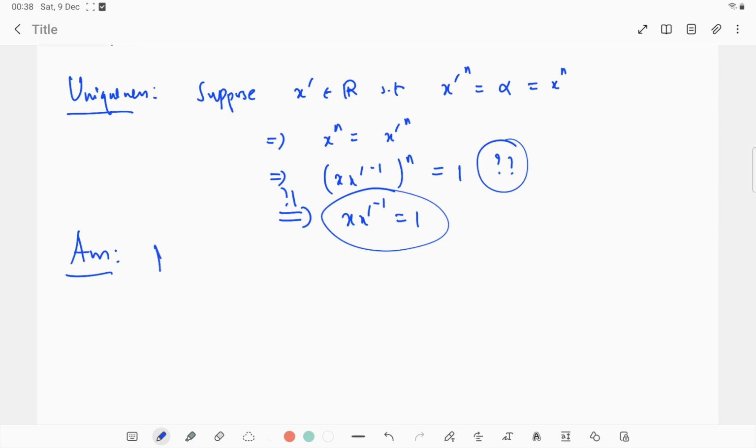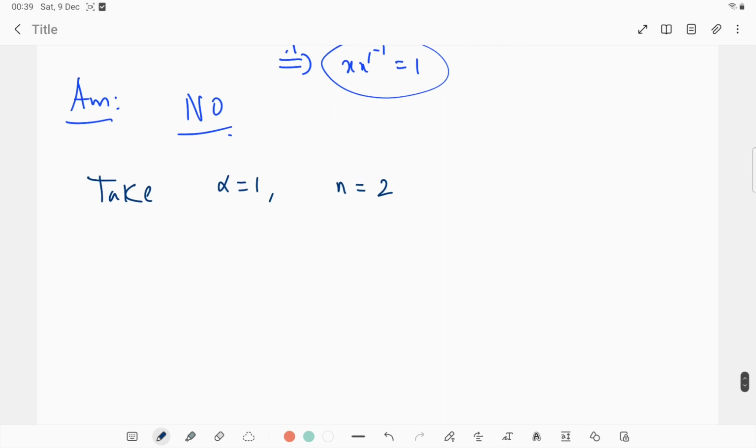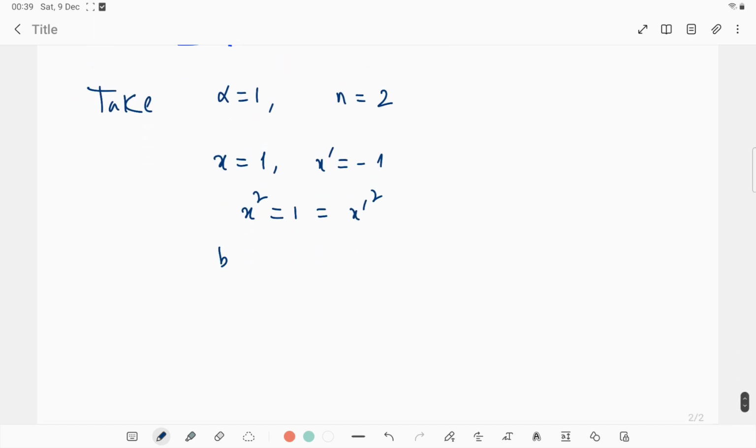The answer is no. The answer is no, because if you take alpha equal to 1 and n equal to 2, and take x equal to 1 and x prime equal to -1, then x squared is equal to 1, which is equal to x prime squared, but x is not equal to x prime.